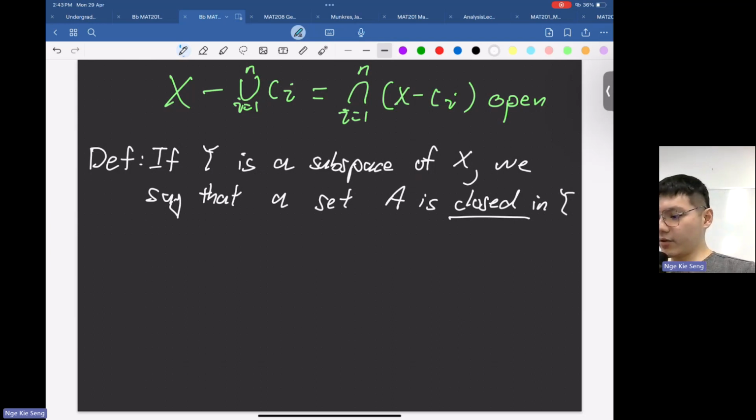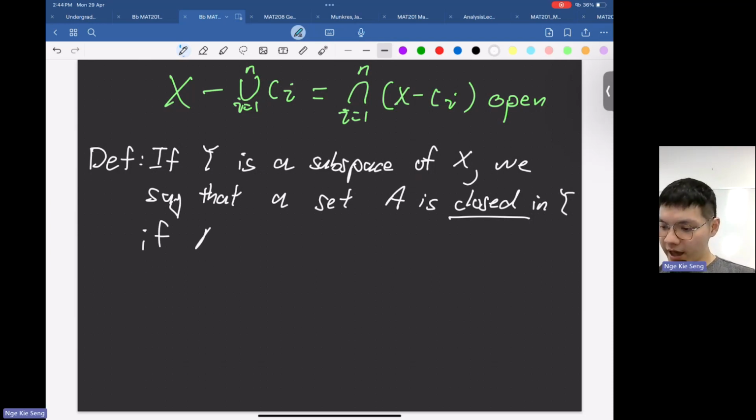So in this case, we define what is closed in Y.